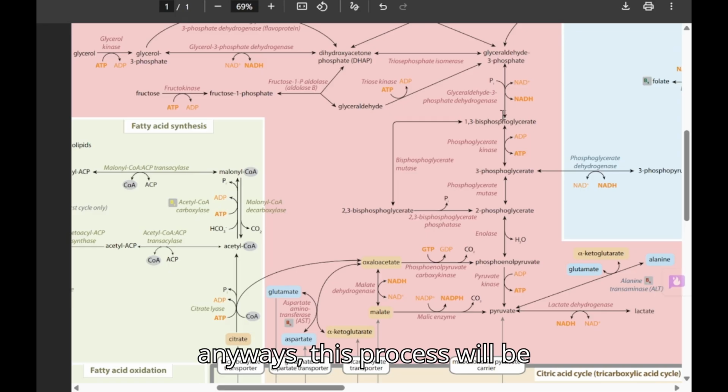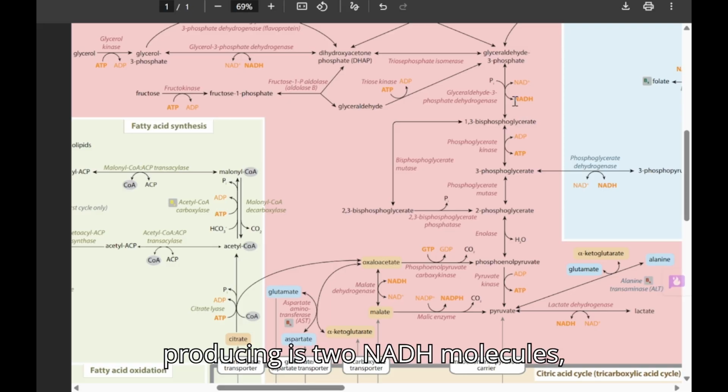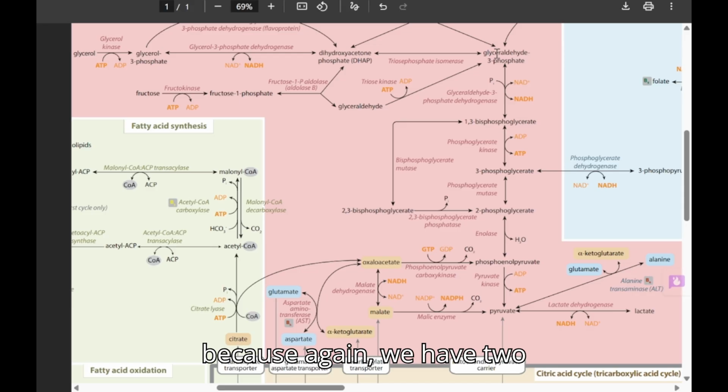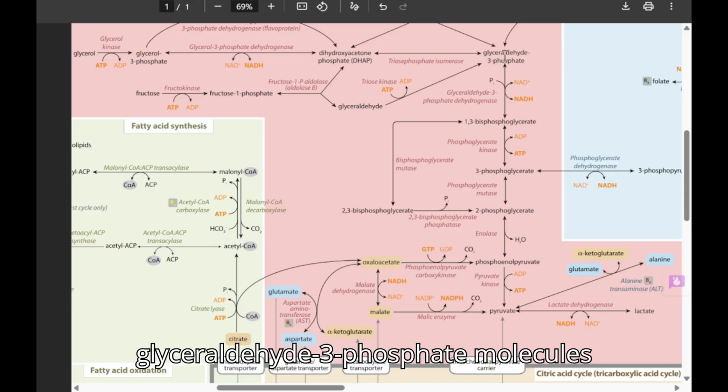This process is carried out by the enzyme glyceraldehyde 3-phosphate dehydrogenase, or GAPDH. What we end up producing is two NADH molecules because, again, we have two glyceraldehyde 3-phosphate molecules involved.